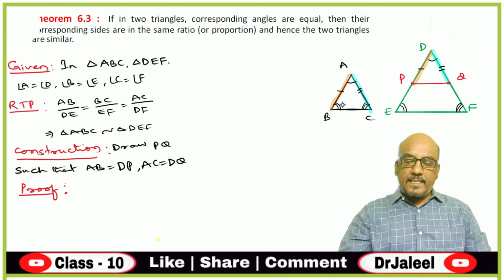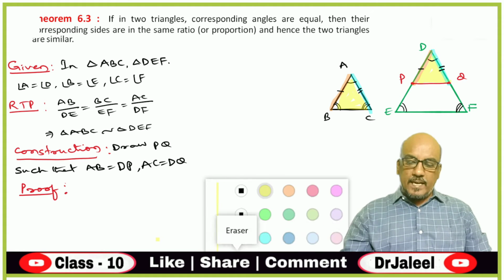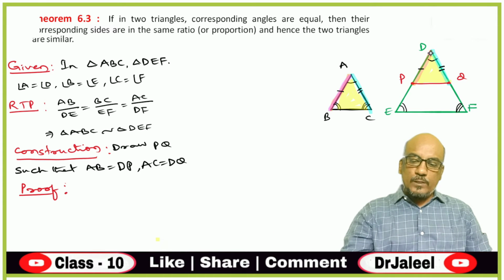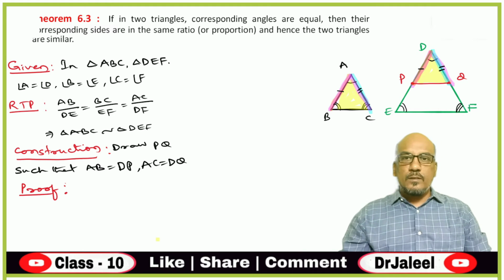Here we will take two triangles ABC and DPQ. Children, if you look into these two triangles, you observe AB is equal to DP and AC is equal to DQ because we have constructed in such a way.